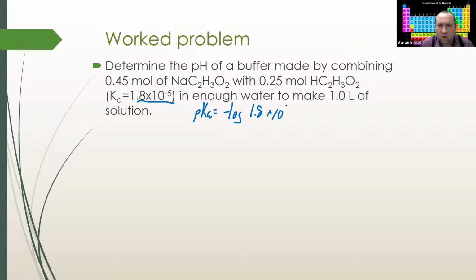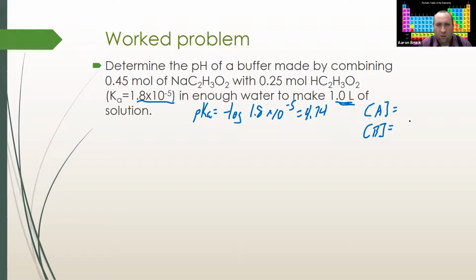So the negative log of 1.8 times 10 to the negative fifth is 4.74. So that is my pKa for the acetic acid. The other things I need are the concentration of the acid and the concentration of the base. In this case, it's pretty easy because we've got 1 liter of solution.